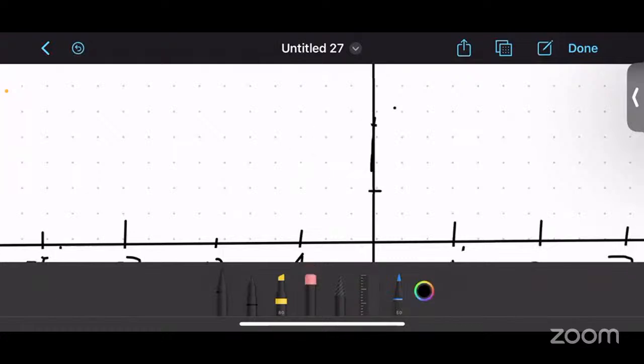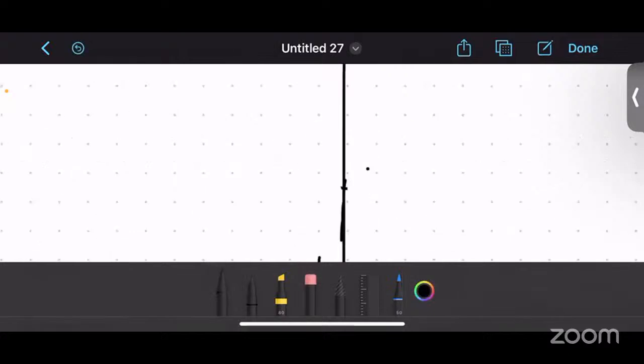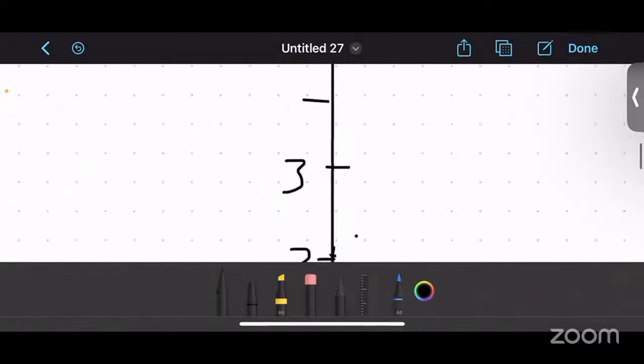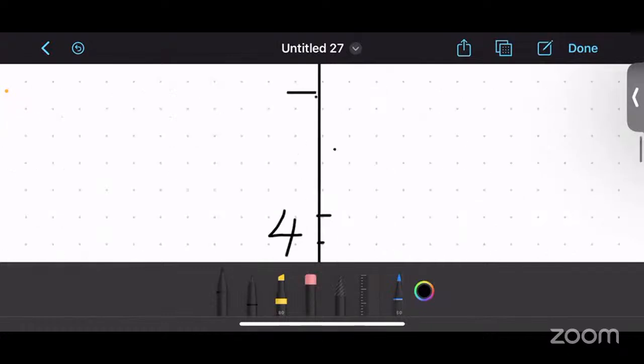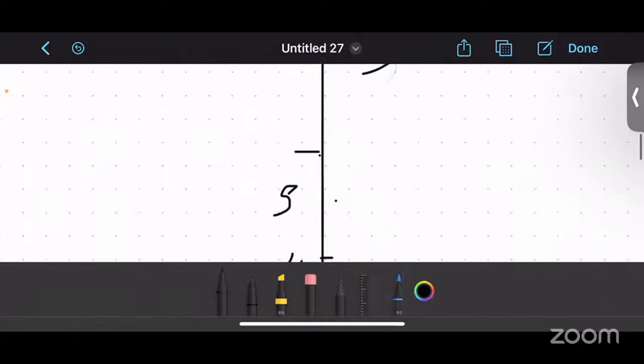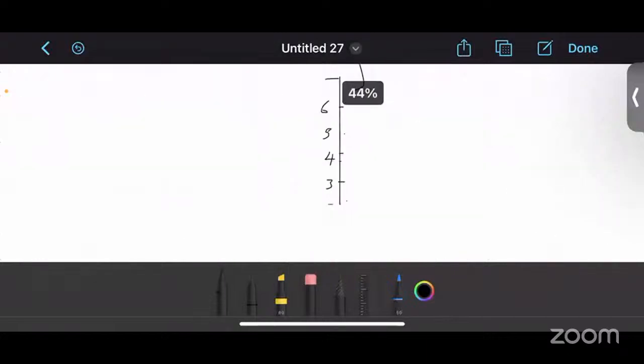Okay, this is my positive one, this is positive one, two, three, four, five, and lastly, I'm going to have my six over here. So this is six and this is the x-axis, okay?